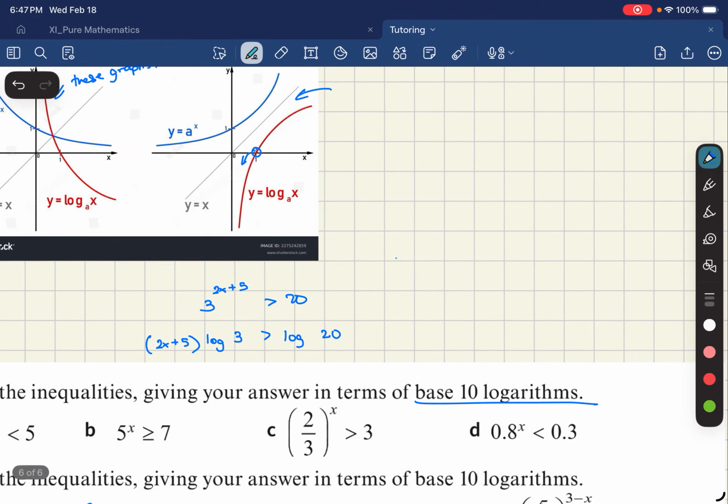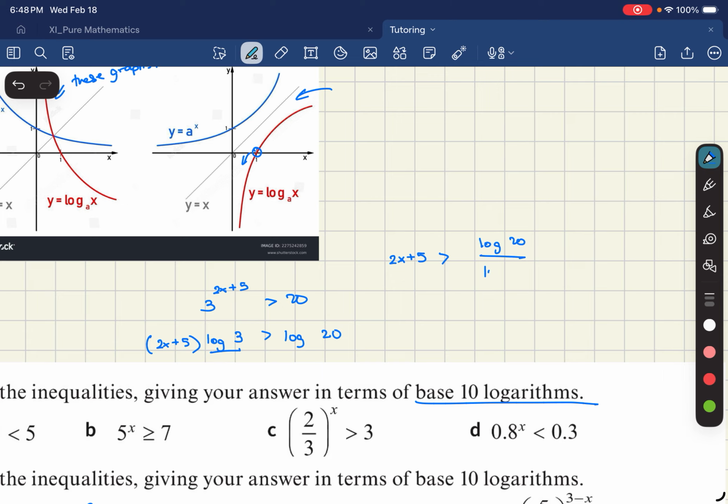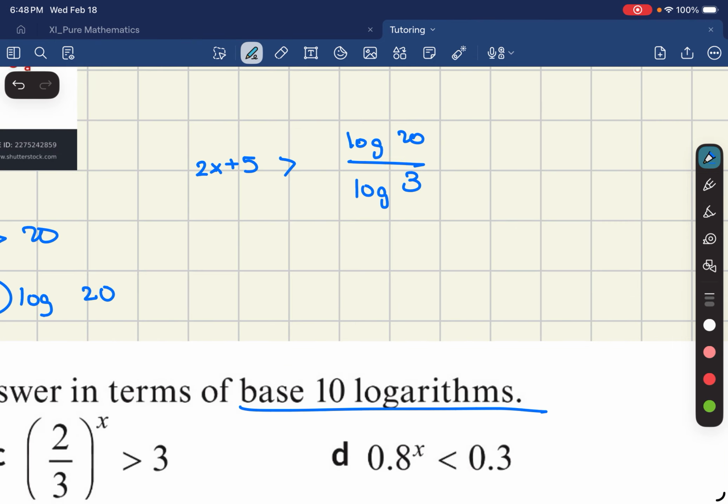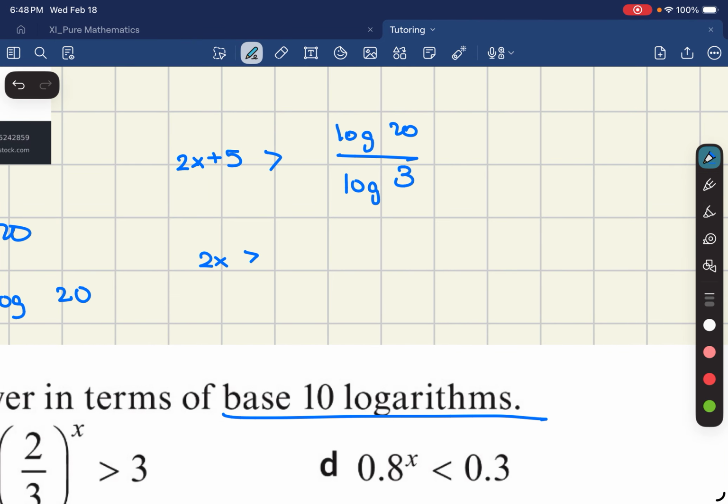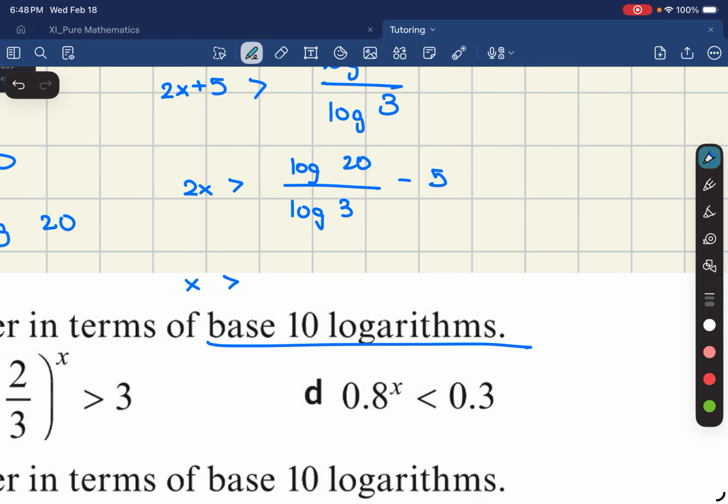So I know that 2x plus 5, because 3 is bigger than 1, the log of 3 is going to be positive. So I can do log 20 divided by log 3, and I don't have to change my inequality. So 2x is bigger than that; I can subtract 5 on both sides. Now I can divide by positive 2 without worrying about the direction of my inequality.